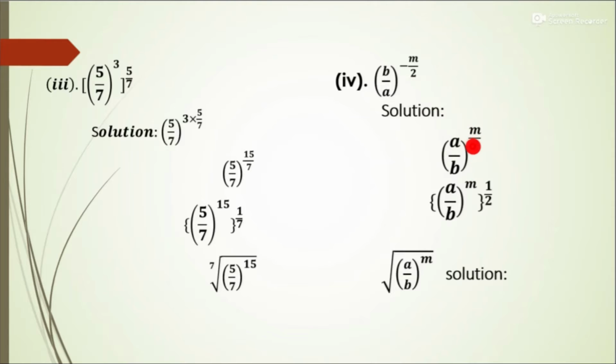Now we take the power of a upon b, and 1 upon 2 is outside the bracket, to the right of the power. We know that 1 upon 2 is equal to the root of this number, so we change it into radical form. This is the radical form of this number, and this is the exponential form, and this is the radical form.